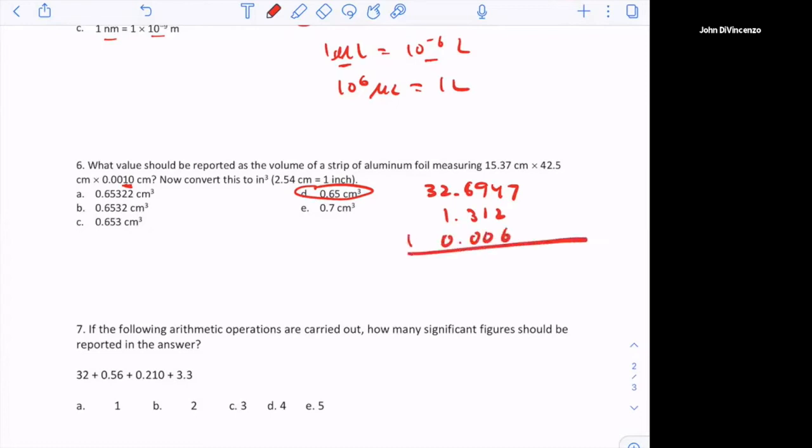When you add these all up, you get 34.0127.